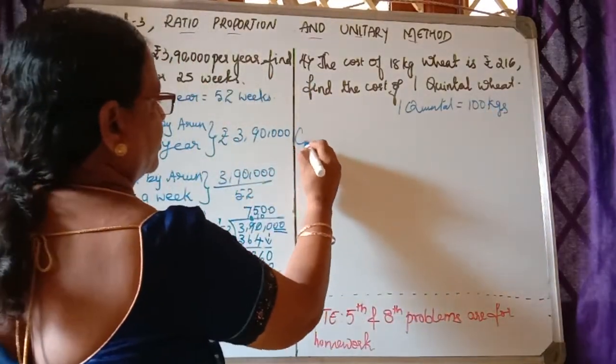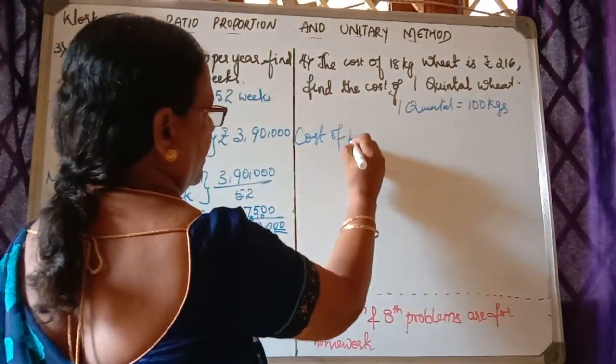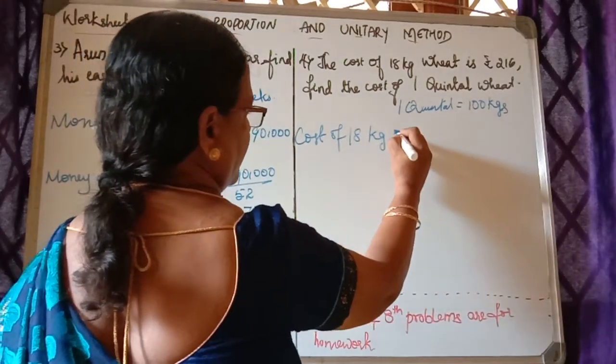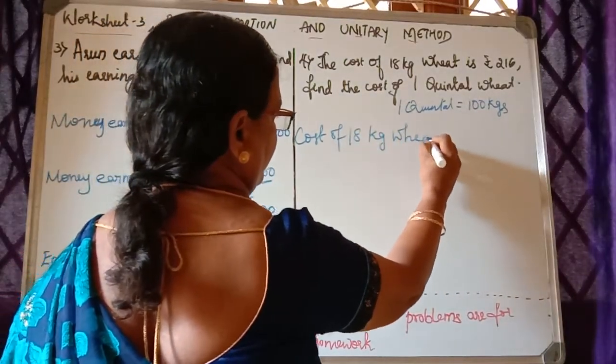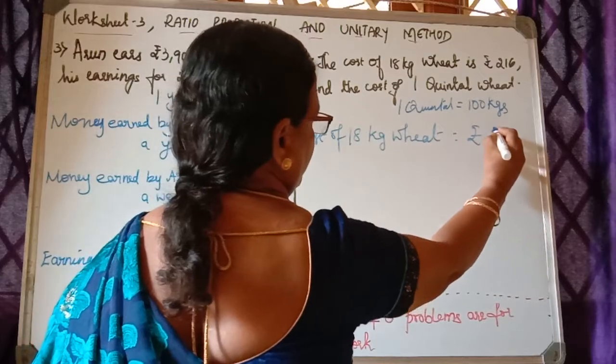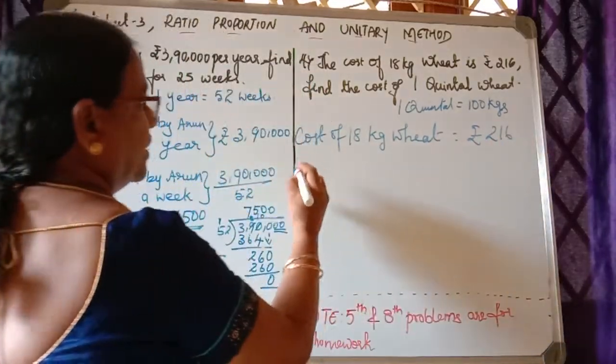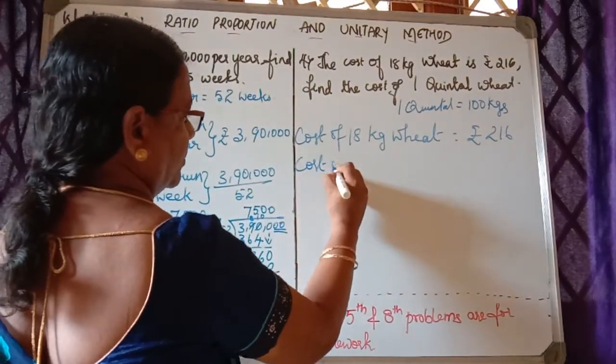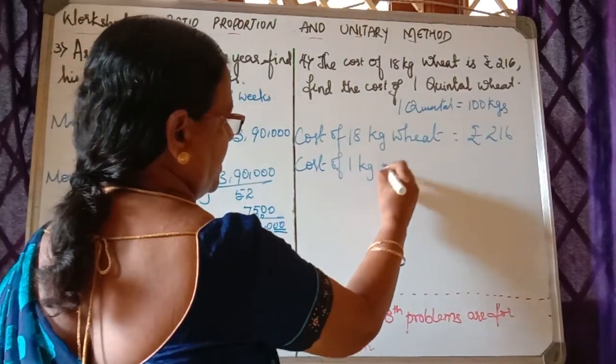Now, cost of 18 kg wheat, how much? Rupees 216. Now we have to find out cost of 1 kg wheat.